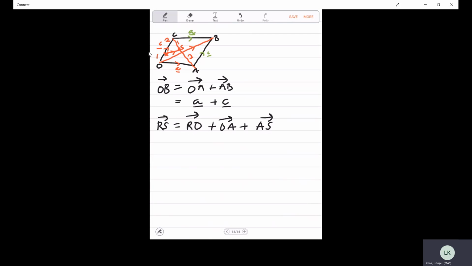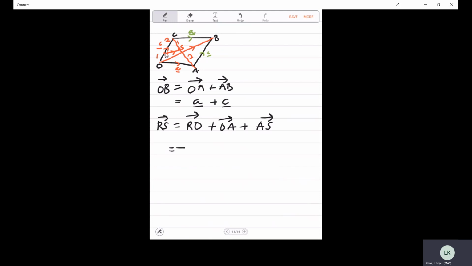Now R to O, so here at R you want to go to O. Now that's in the opposite direction of the direction that this vector is facing, so it'll be negative.